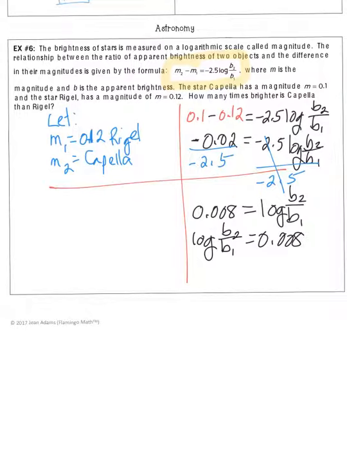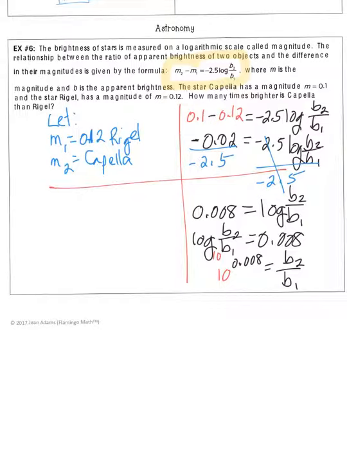To evaluate this log, I don't know what I'm taking the log of, but I know for sure that I have a base 10. And so I want to write this in exponential form. So I'm going to keep the same base, and then I'm going to swap these two. If I swap those two, I end up with 10 to the 0.008 should equal my ratio of brightness of Capella to Regal.